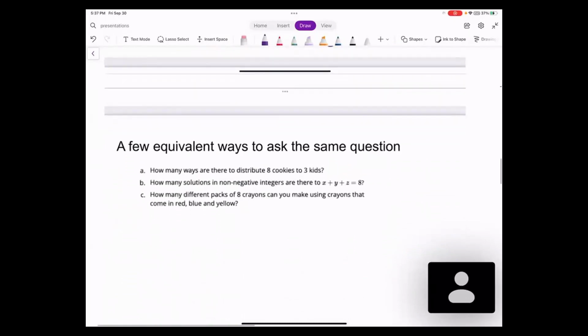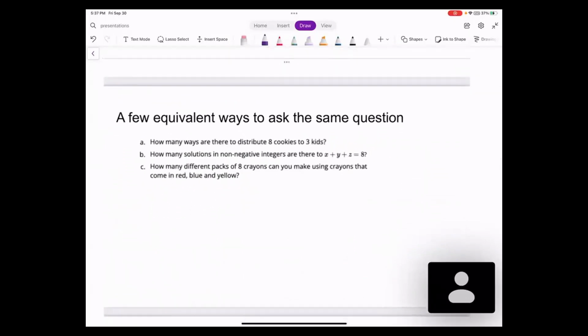Okay. So let's look at how we can apply this to some problems. All 3 of these are actually asking the same thing, and we can see this by visualizing it using stars and bars.